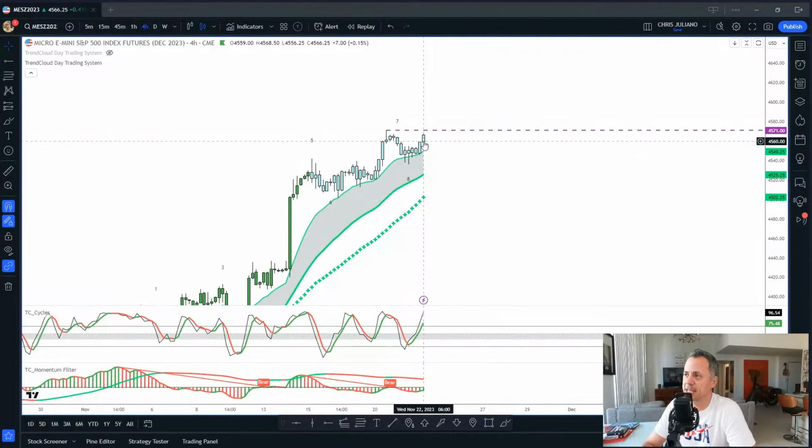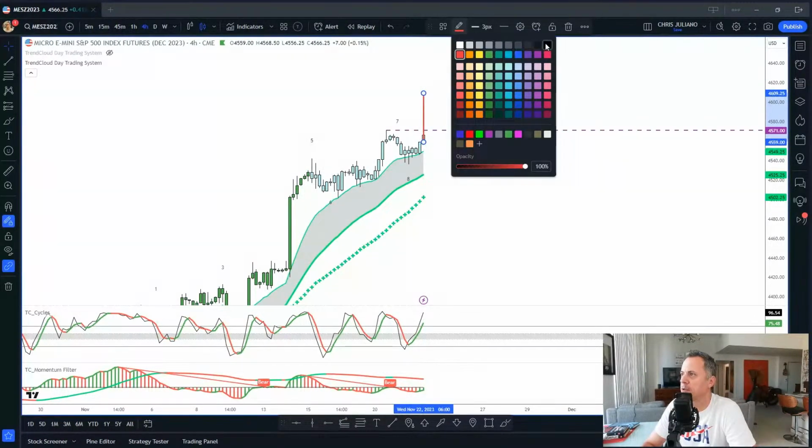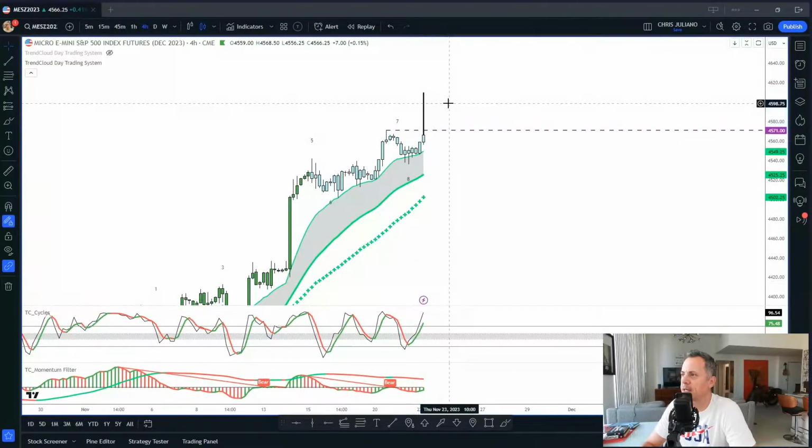As long as this candle right here does not close above this candle, we will have a double top. Even if it just does something like this and creates a very long wick, but still closes below this purple line, we will have a double top.